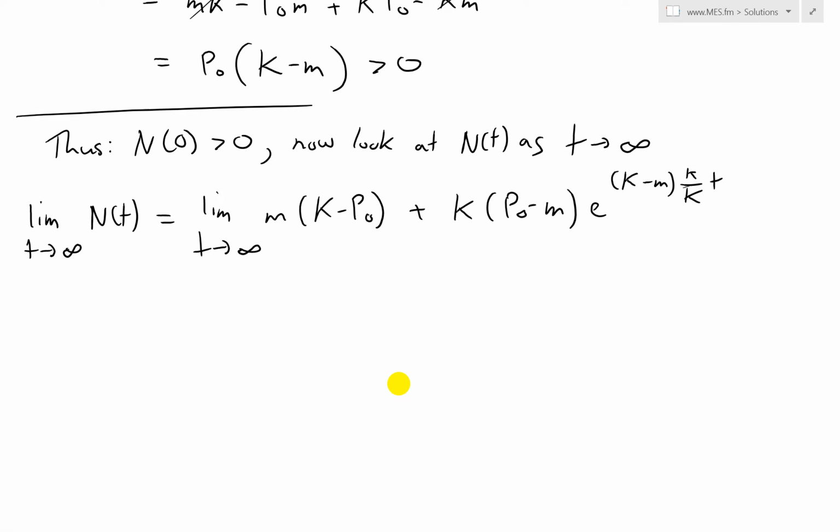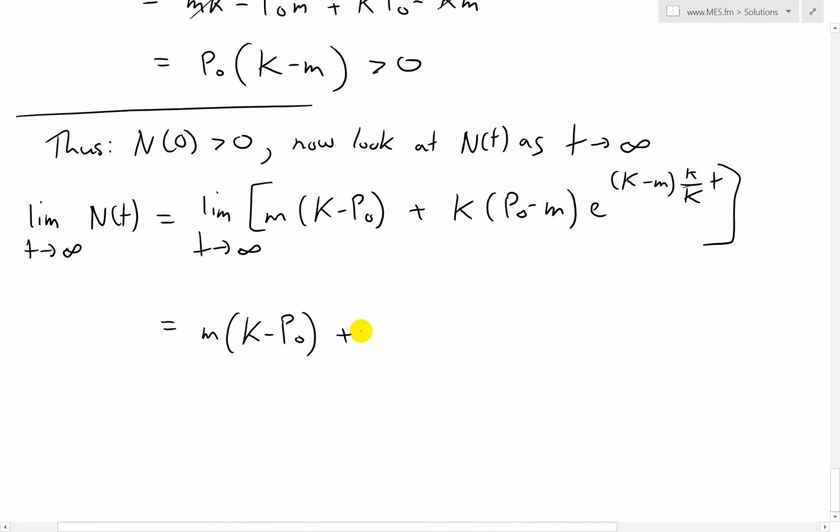So we have something like that. I'll put this in bracket like that. So as it approaches infinity, well, the first part is just a constant. This just equals m k minus p0, and then plus capital K, because there's no t values inside, and we can also take this out of it.